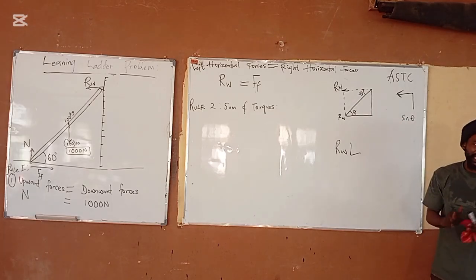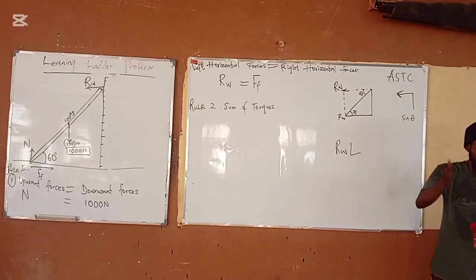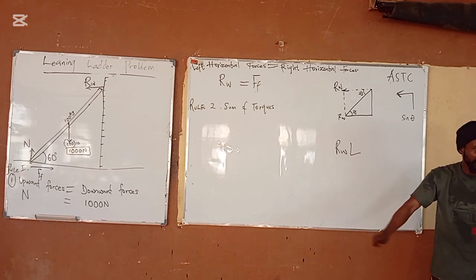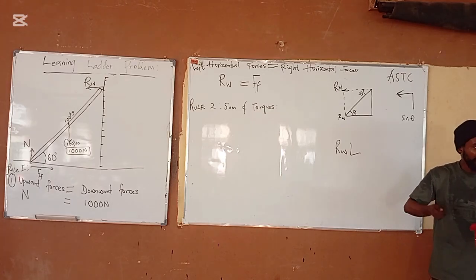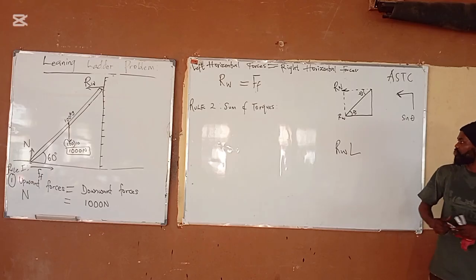So because it's not at 90 degrees, anytime anything is not at 90 degrees, when I taught you resolution of vectors, if something is not 90 degrees and I have to take it to 90 degrees, I will show that I took it to 90 degrees, on the vertical or on the horizontal, by using either sine or cos theta. That is what resolution of vector is.